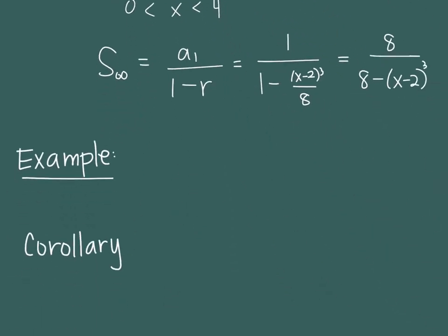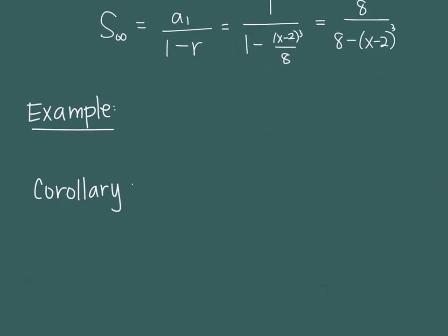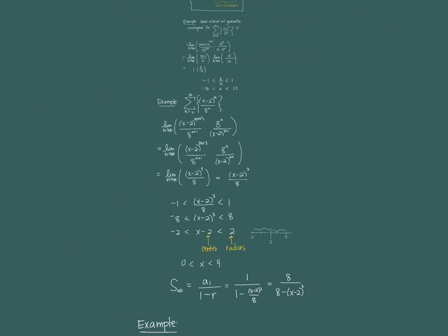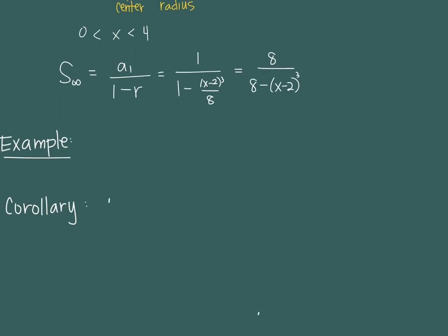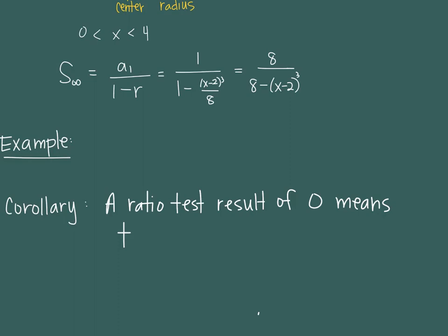However, let me talk with you about the corollary to the ratio test. What if you get 0? Like you do the ratio test here, and what if you get 0? That means something special. A ratio test result of 0 means total convergence. That means you don't have to limit it to an interval of convergence.